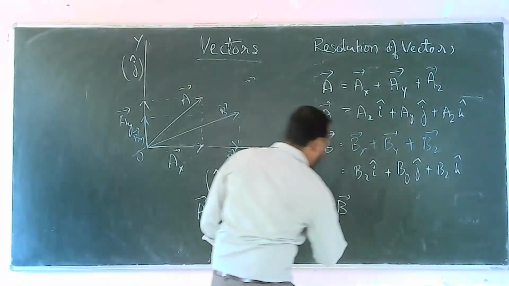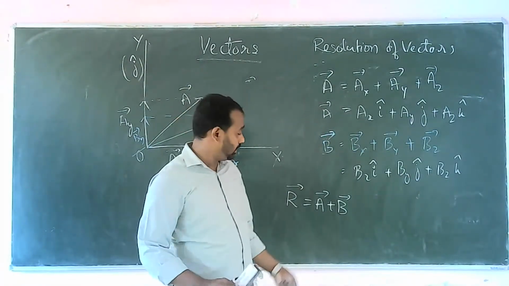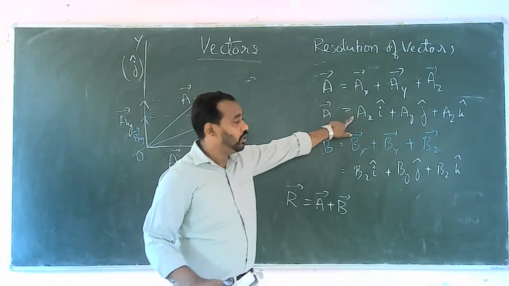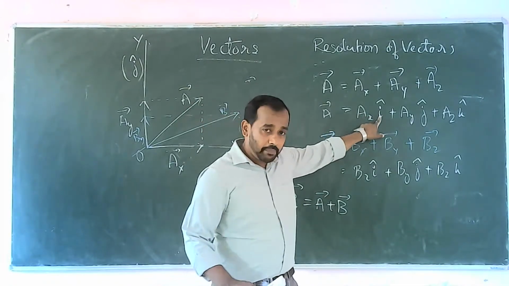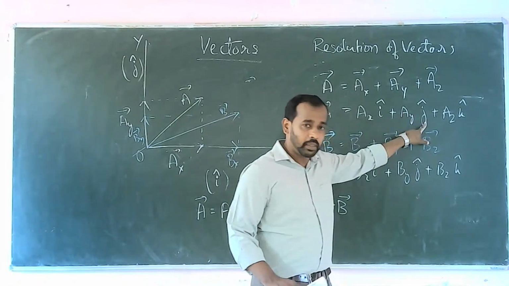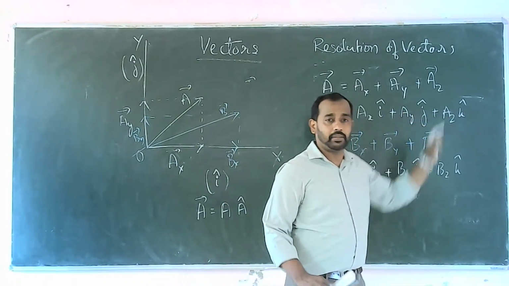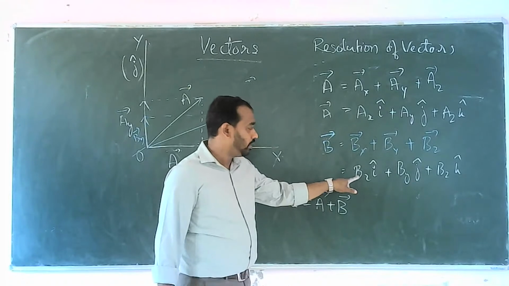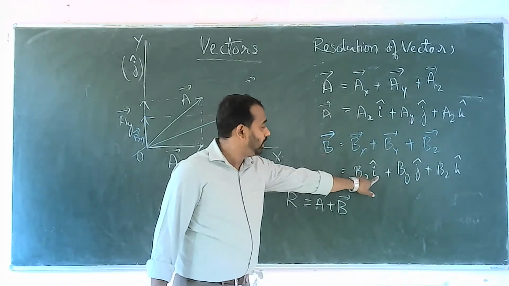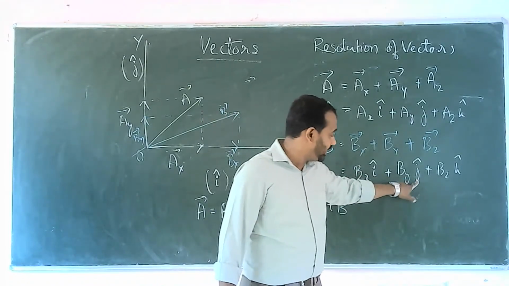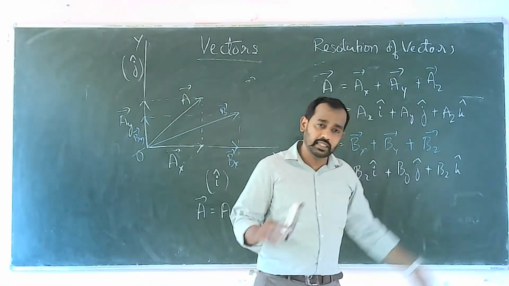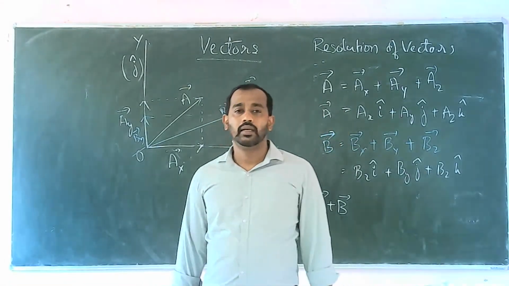We are going to substitute: vector A is equal to Ax into i cap plus Ay into j cap plus Az into k cap. Similarly, Bx into i cap plus By into j cap plus Bz into k cap. This is the value of vector B.